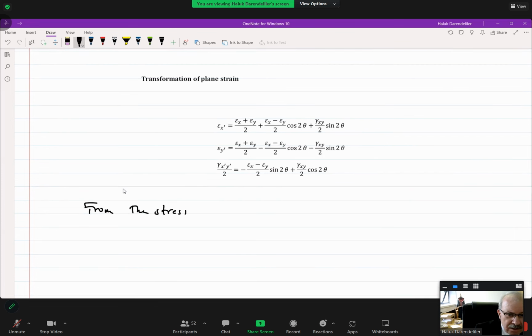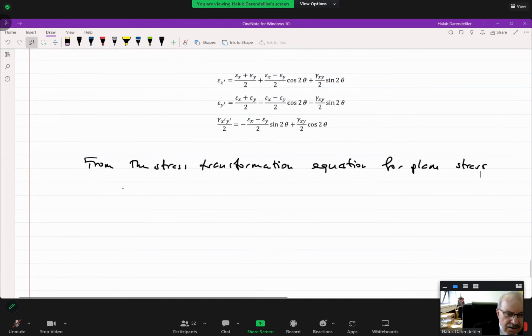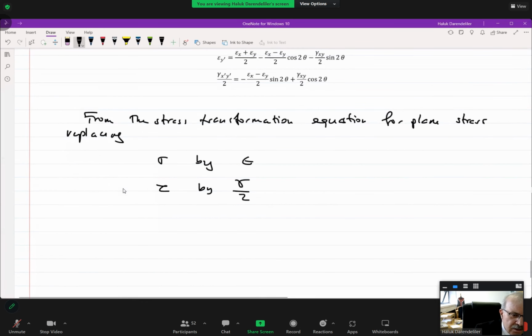from the stress transformation equations, which we discussed in detail for plane stress, replacing sigma by epsilon, tau by gamma over 2, you can obtain the equations for plane strain.